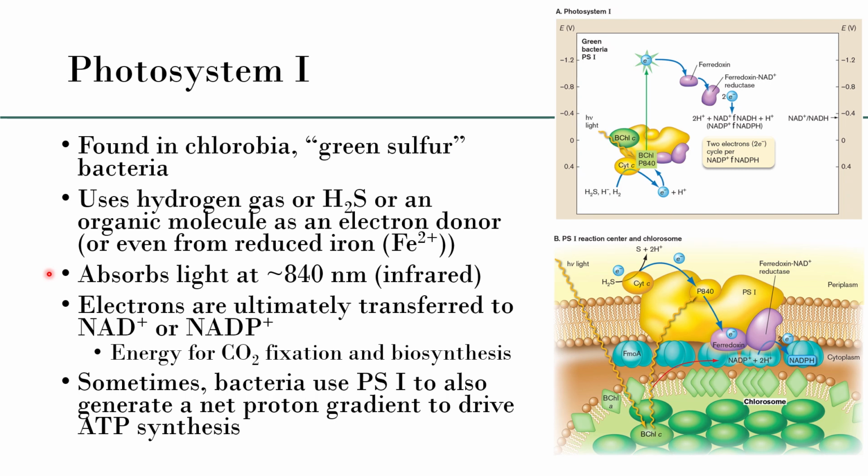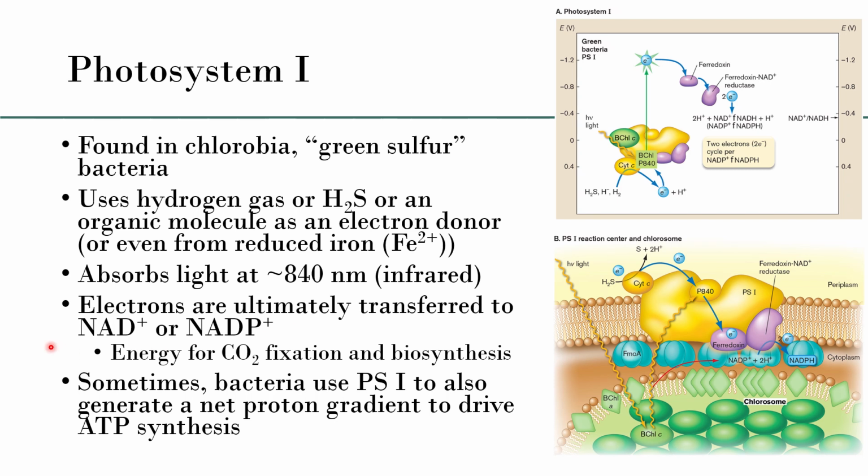So we're not able to get quite as much energy out of this light. We're not able to excite that electron quite as much as if we had used a lower nanometer wavelength of light. So the electrons are taken from these donors and ultimately transferred to either NAD or NADP.